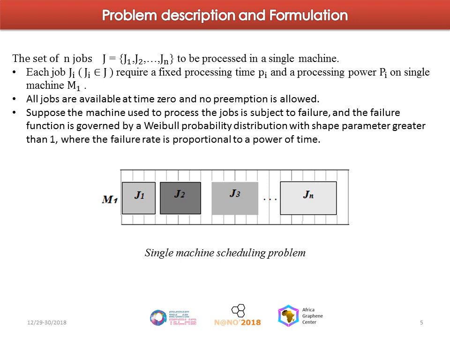When we make the initial scheduling plan, note that the PM plan and the production schedule are interrelated with each other, since both of them have impacts on the machine's reliability. So the job sequence and the placement of PM operations should be determined simultaneously in the initial schedule.